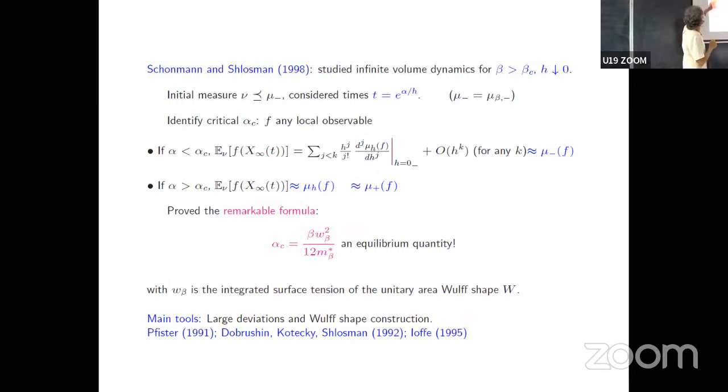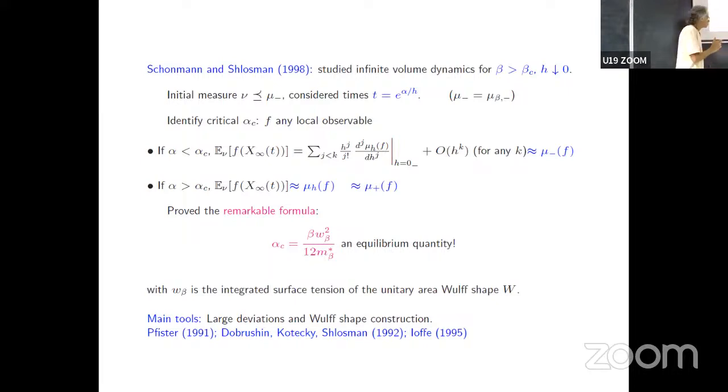And they show that there is a critical alpha, such that if alpha is less than this alpha critical, this expected value will be close to mu minus, with some technical thing, which is very important. And if alpha is larger, then it will be close to mu plus.